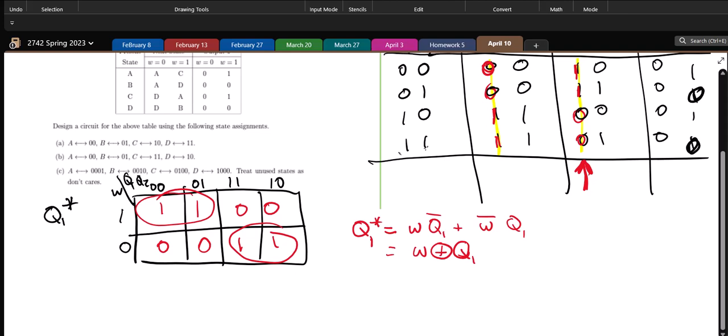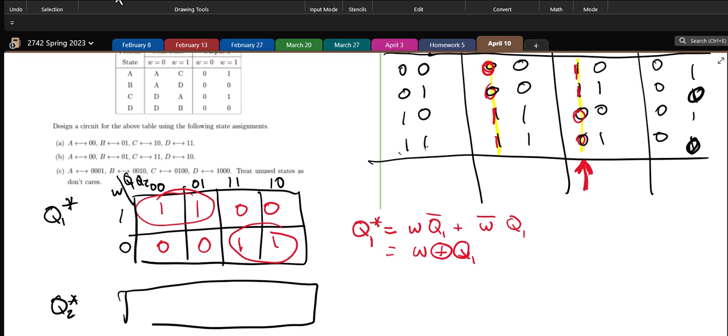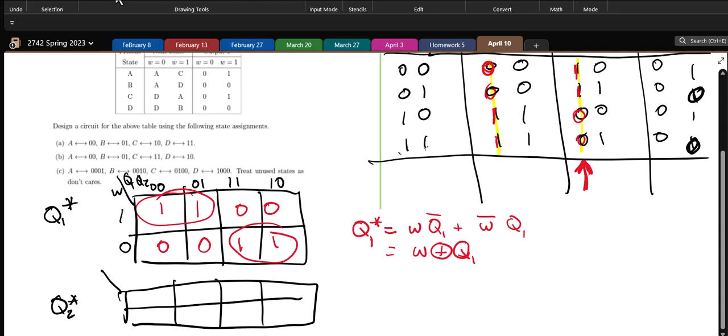Now we'll do Q2 star. And I'll have Q1, Q2, and W, 1, 0, 0, 0, 0, 1, 1, 1, 1, 0. And now I'm looking at the second column, and I can see that when W is 0, that's our bottom row right here.